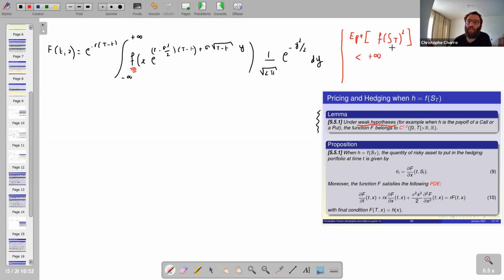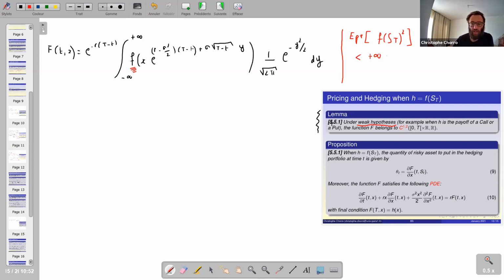So I have a measurability condition and an integrability condition through this relation here. I have no hypothesis concerning the fact that f is continuous, differentiable, or twice differentiable. I don't know it.